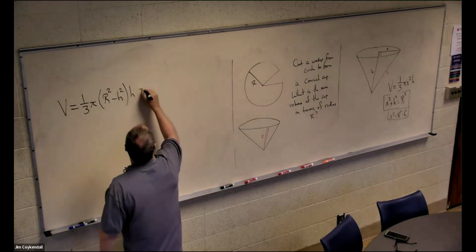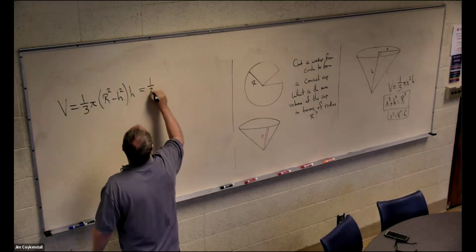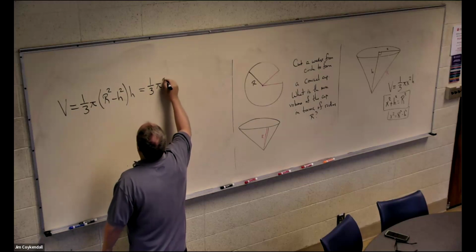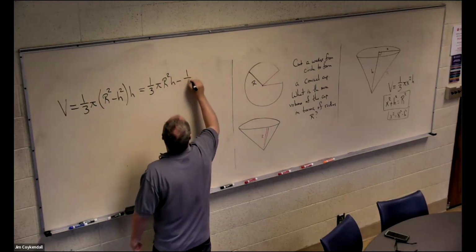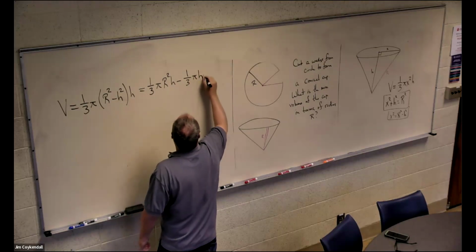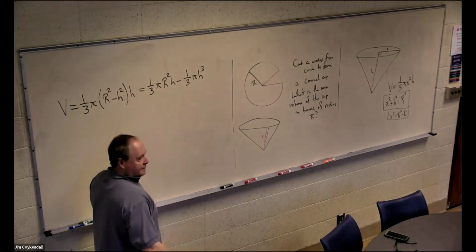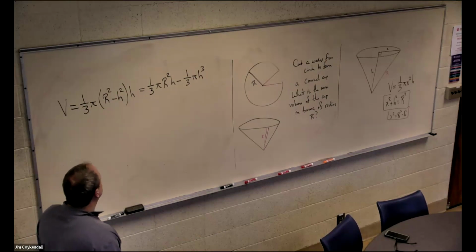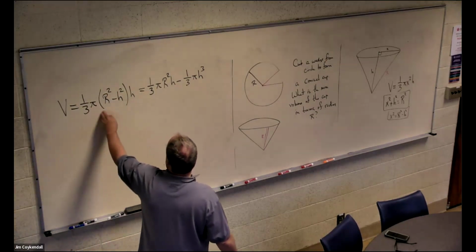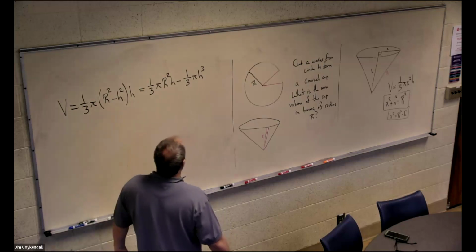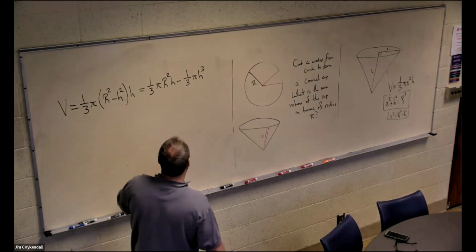And I'll write this another way too. This is 1/3 pi r squared h minus 1/3 pi h cubed. And that's what I get multiplying this out. I just want to do that because it's easier to take the derivative.